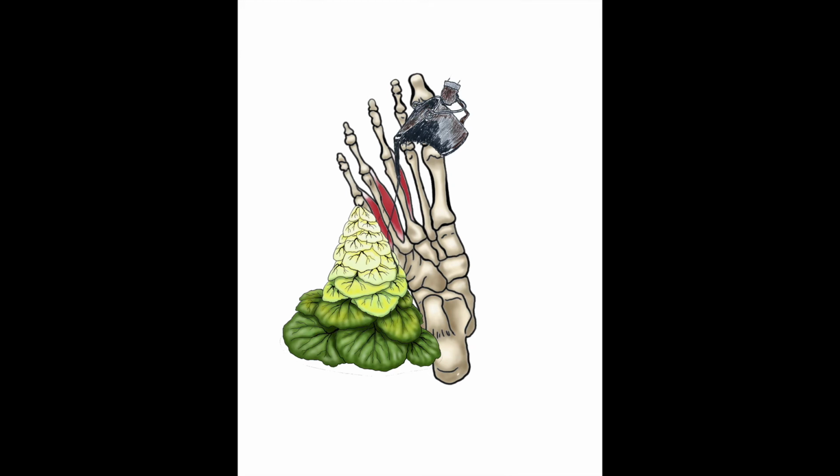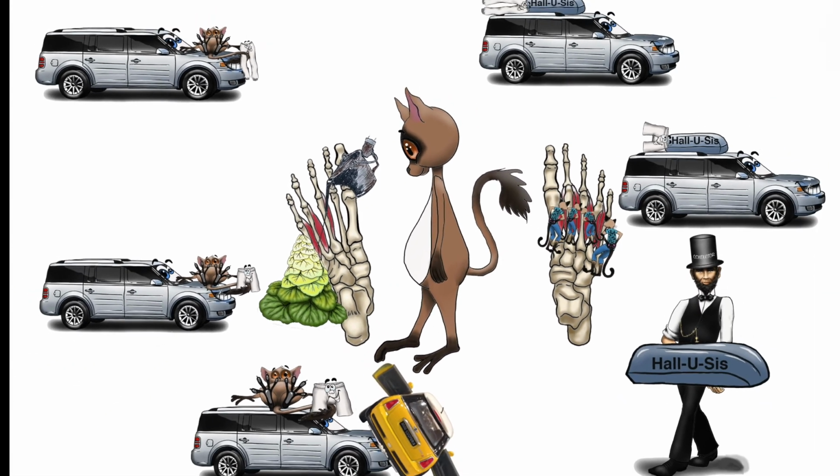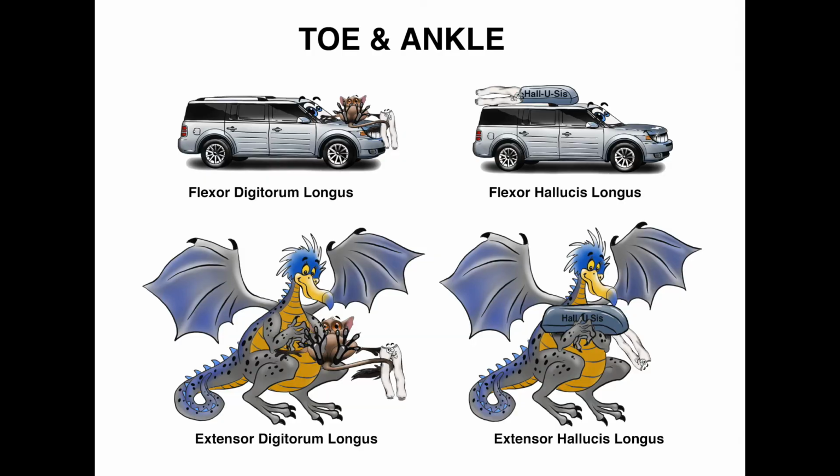What action of the toes does the red plantar interossei perform? Toe flexion. Did you get it? 4 muscles that move the toes also move the ankle. They are flexor digitorum longus, flexor hallucis longus, extensor digitorum longus, and extensor hallucis longus.